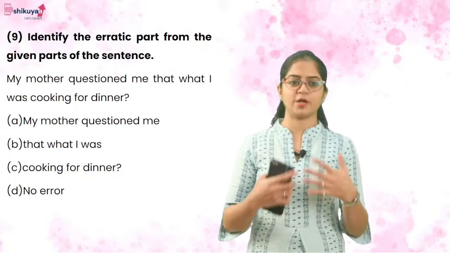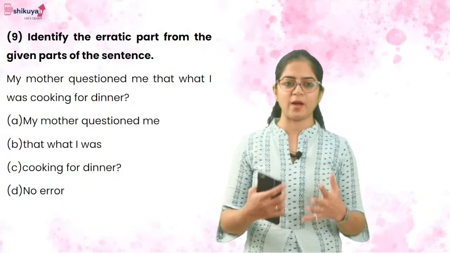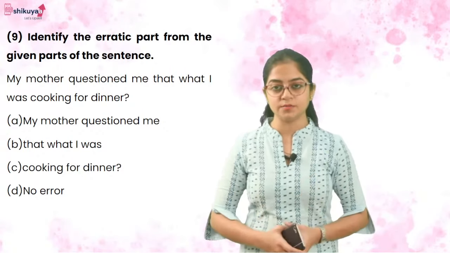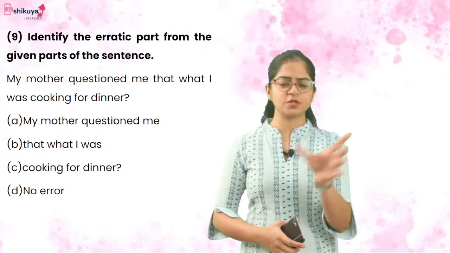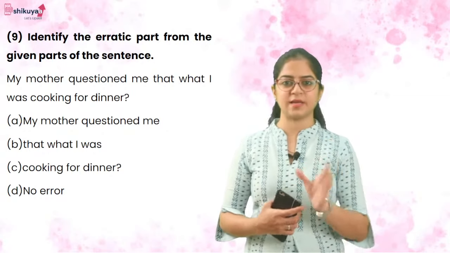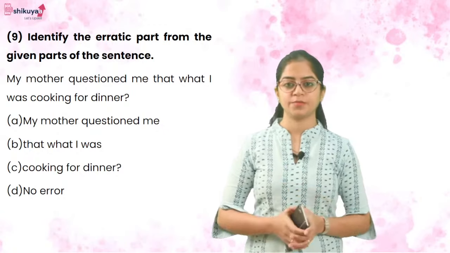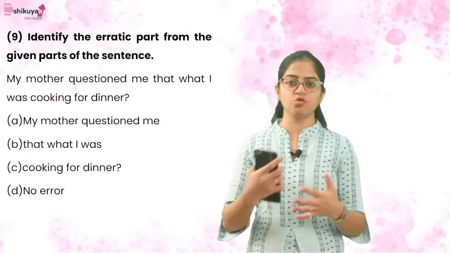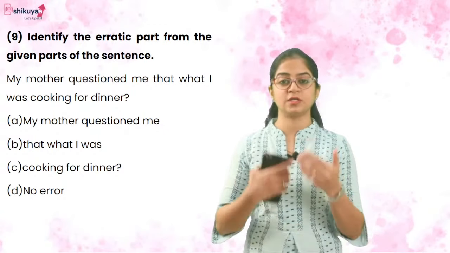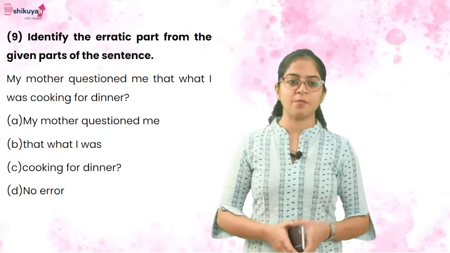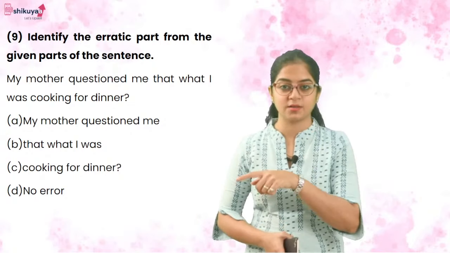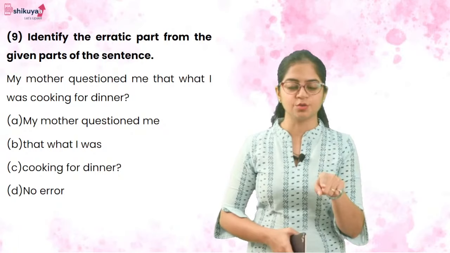My mother questioned me that what I was cooking for dinner. Okay. Now if you see, this is indirect speech. So what is the rule of indirect speech? Let's quickly revise that. Here a question mark is used, right?